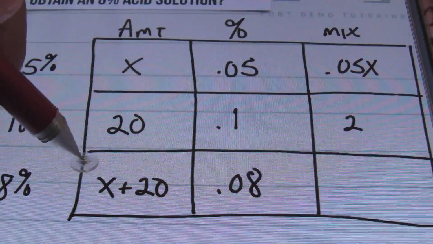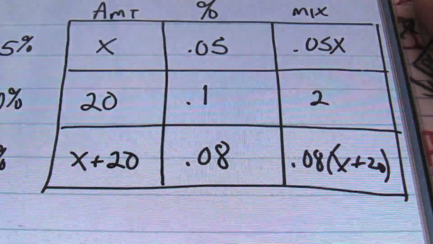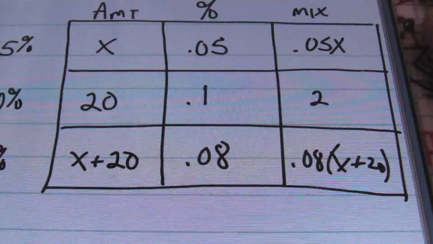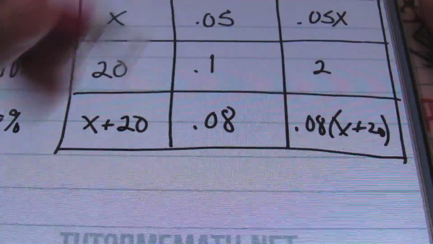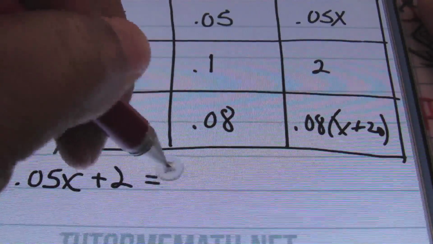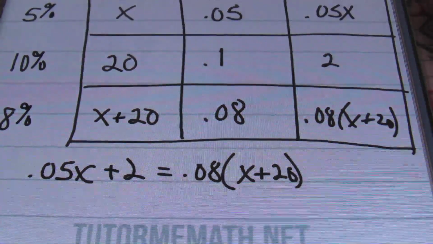And X plus 20 times 8/100ths gives 8/100ths times X plus 20. It's this last column that's going to be my equation. So we'll have 5/100ths X plus 2 equals 8/100ths times X plus 20. This is the equation for the word problem.